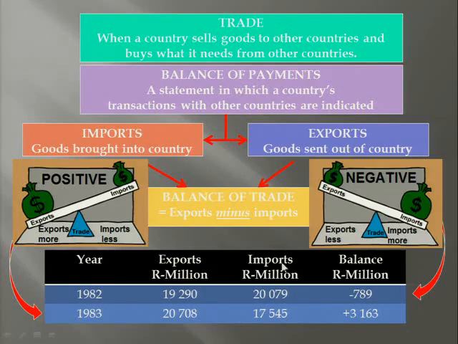So if we go back to the table, we realize that in 1982, we had a negative balance of trade, and then in 1983, we had a positive balance of trade. It's only important to know what is a negative balance of trade, what is a positive balance of trade, and how you calculate that. Let's go on.